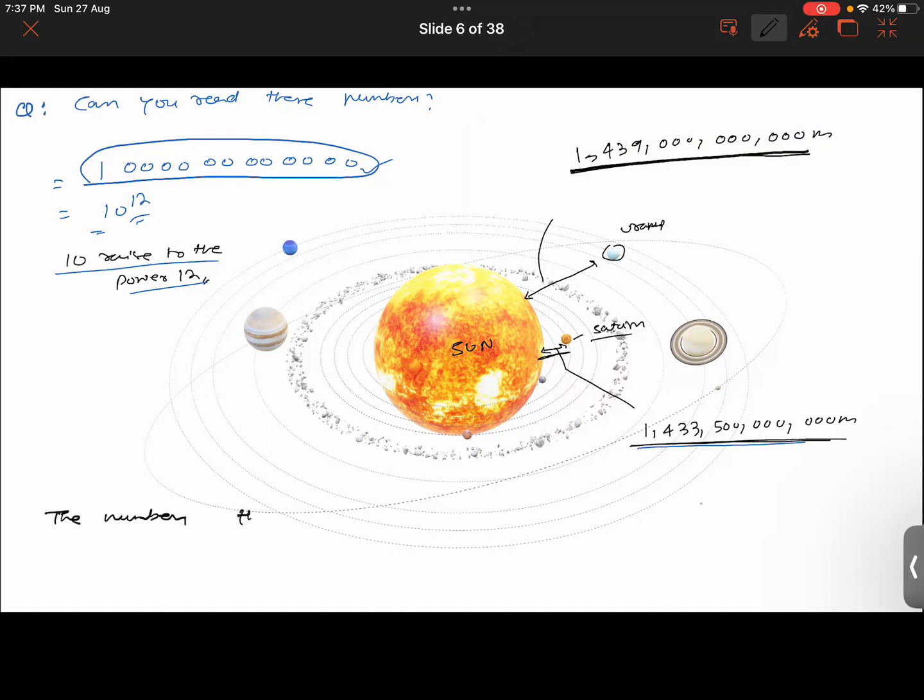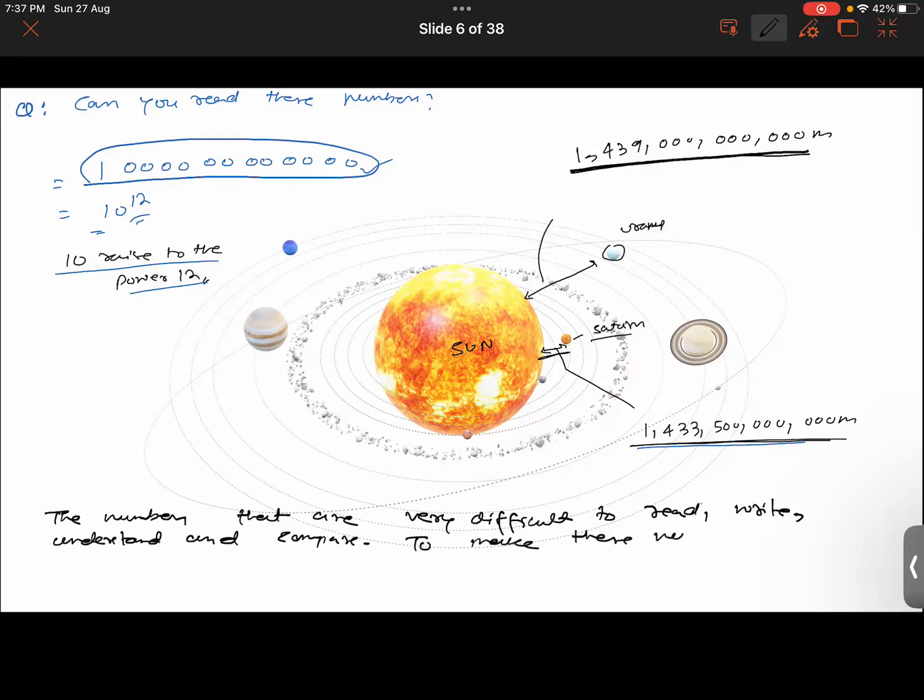The numbers that are very difficult to read, write, understand, and compare, to make these numbers easy to read, easy to write, compare, and understand.